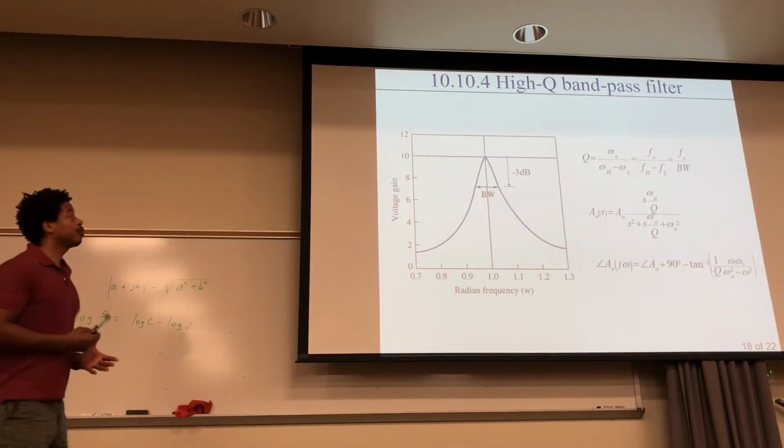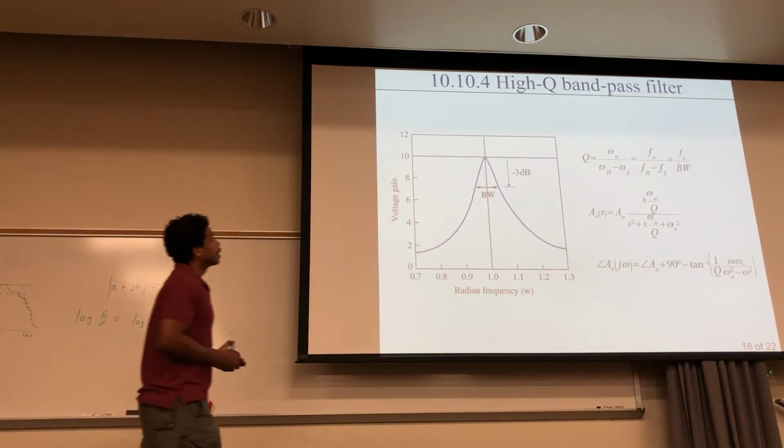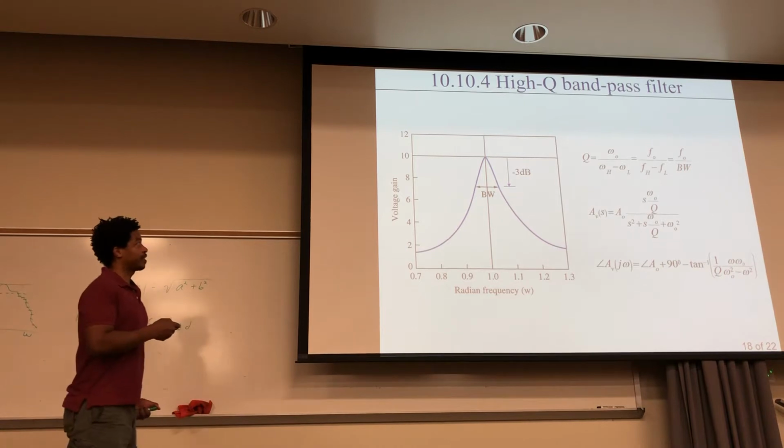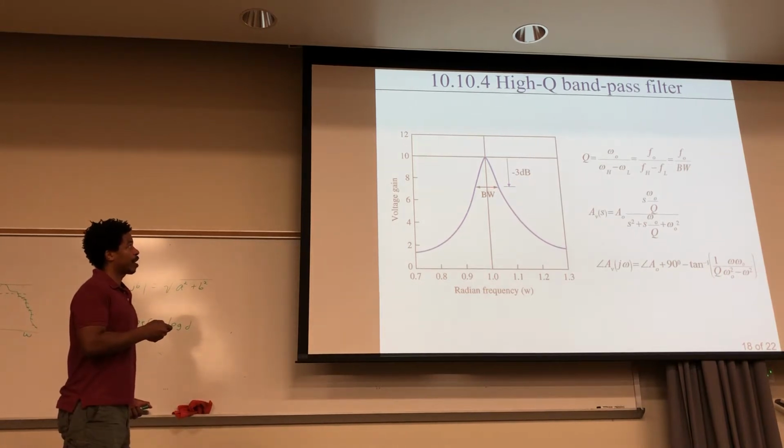Here's a high Q bandpass filter. The Q is generally defined as your resonant frequency divided by your bandwidth, omega H minus omega L. Your bandwidth is defined as the point where 3 decibels down crosses. So wherever your height is, say it's 10, 3 decibels down from that is around 7.